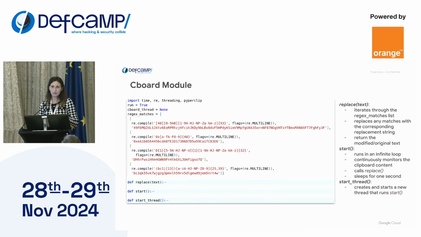And in case any match is found, it will replace the clipboard content with the corresponding string listed there. And those are actually blockchain addresses. So the first one is Monero, the second one is Ethereum, Dogecoin, and the last one is Bitcoin.